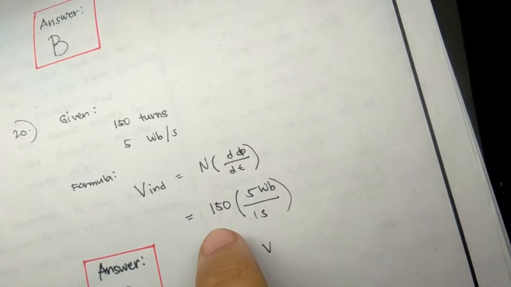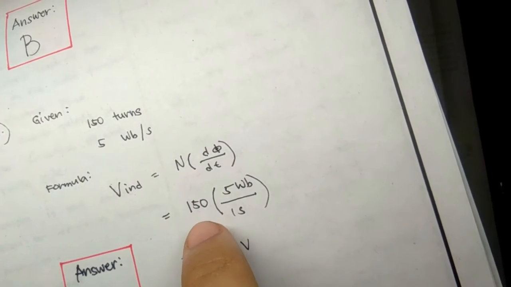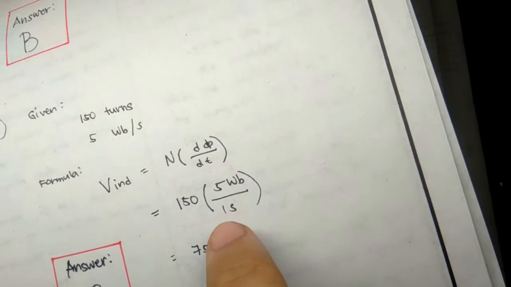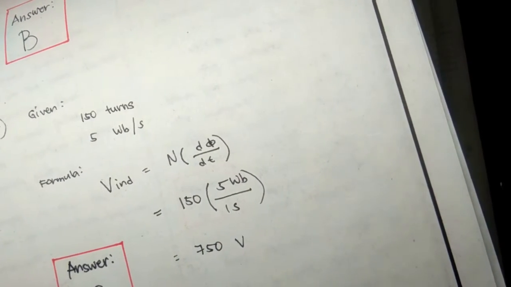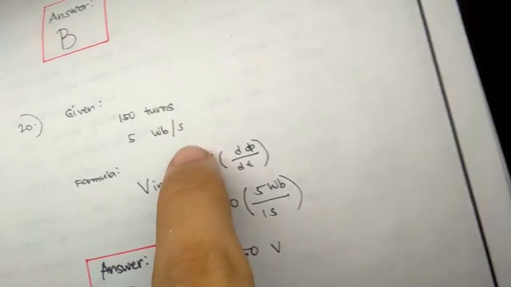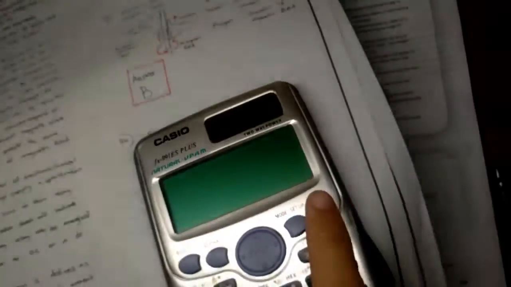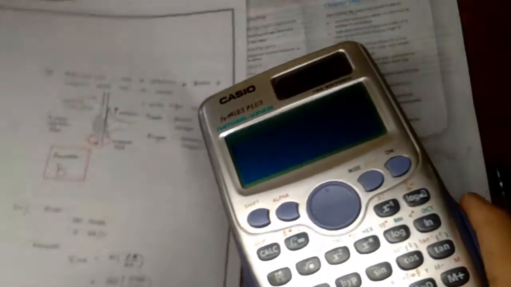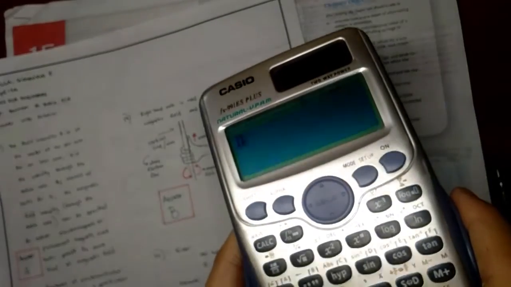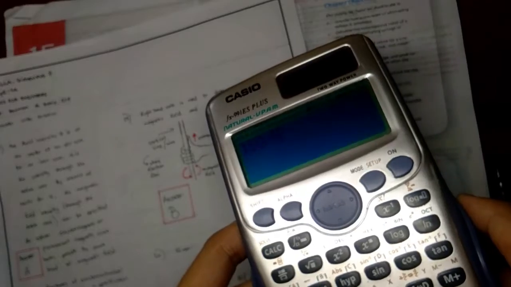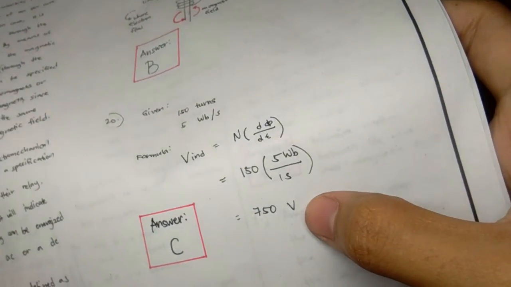So the equation is now 150 times the quantity of 5 Webers over 1 second, since no other value was given. Then 150 times 5 is 750. So the final answer is 750 volts.